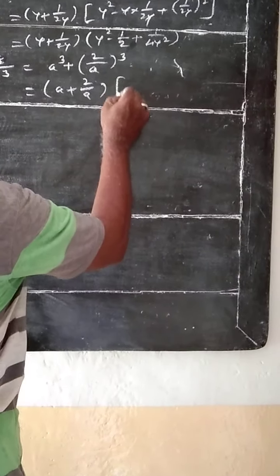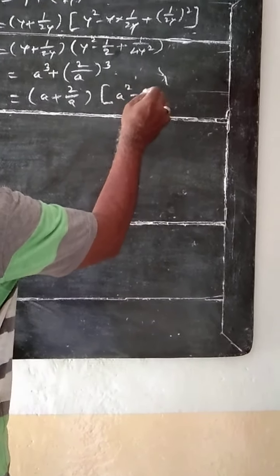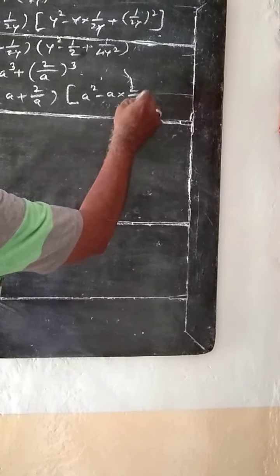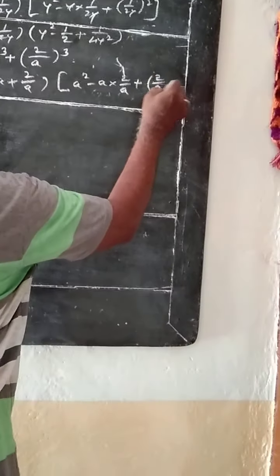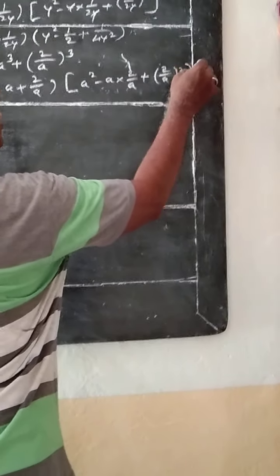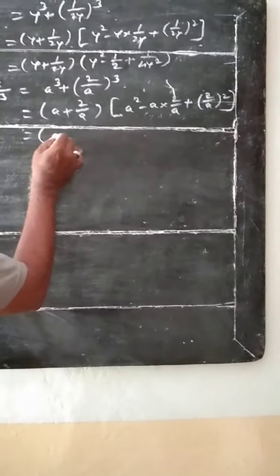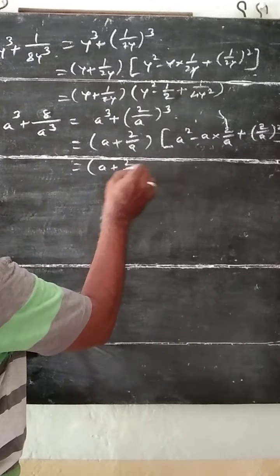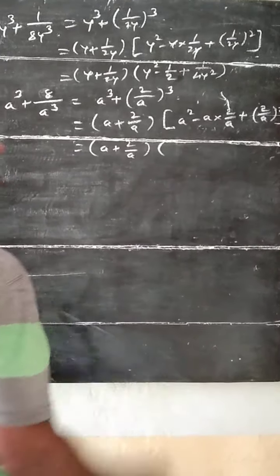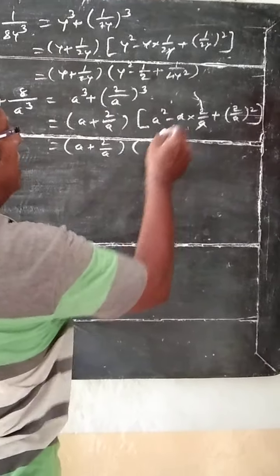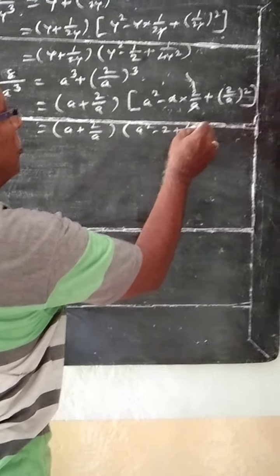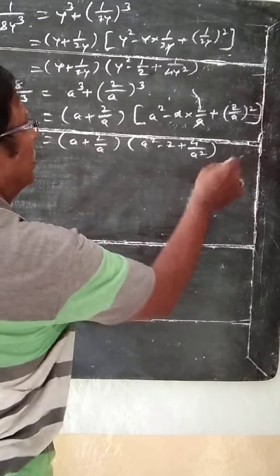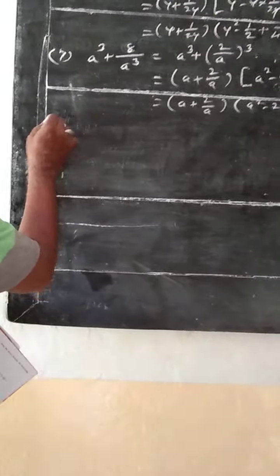In the second bracket, a square minus a into 2 upon a plus (2 upon a) bracket square. So a plus 2 upon a, a cancels, a square minus 2 plus 4 upon a square are the factors of a cube plus 8 upon a cube.